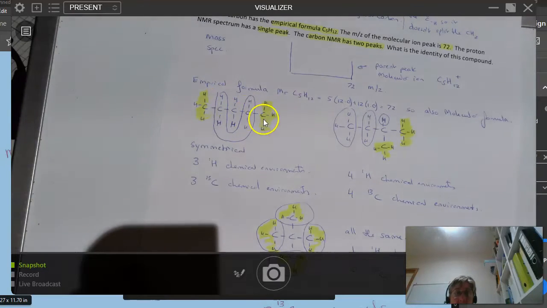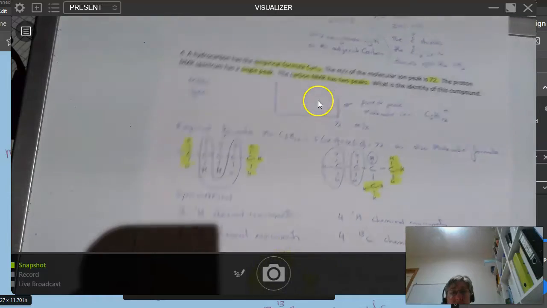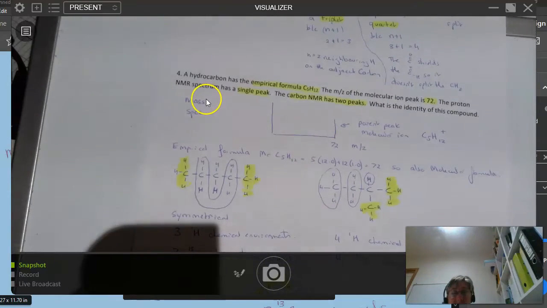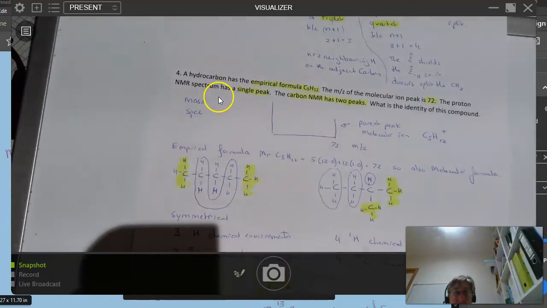So these are in the same environment, these are in the same environment, and these ones are different. So you've got 3 hydrogen environments and 3 carbon environments. So it's not this.